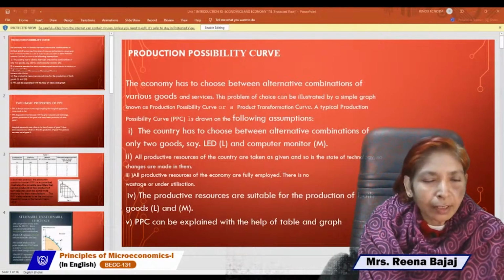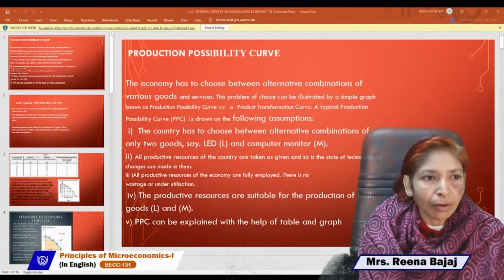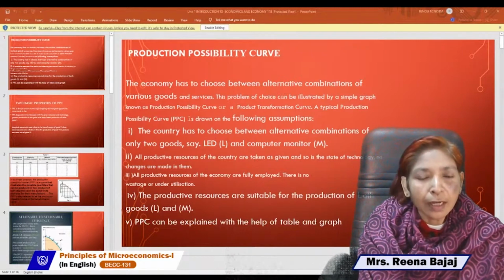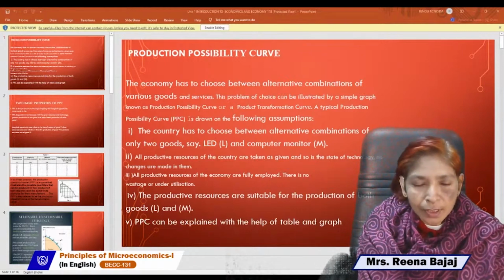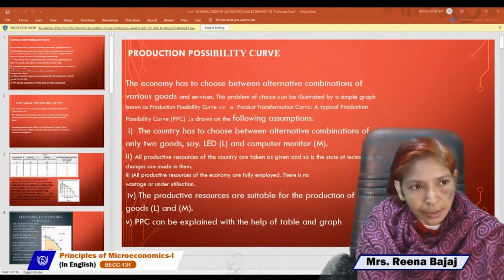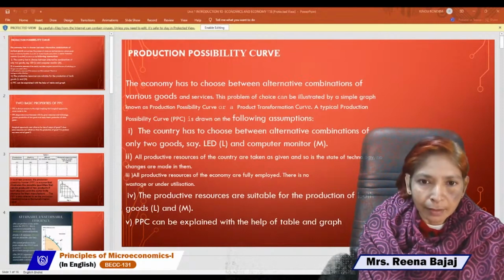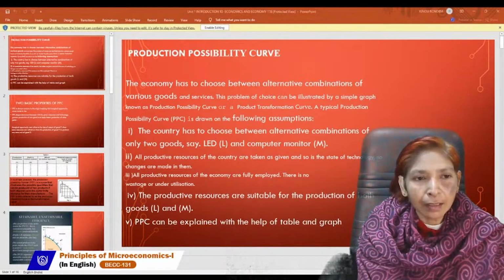The production possibility curve shows different possible combinations of two goods that can be produced with the help of given resources and given technology. As you know, resources are always limited and wants are unlimited.